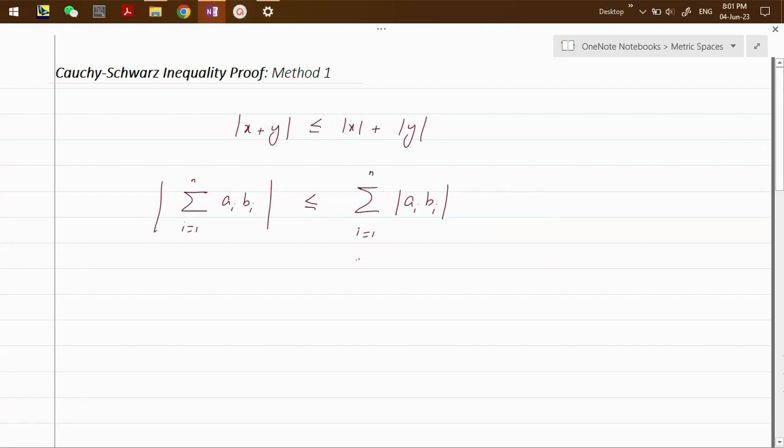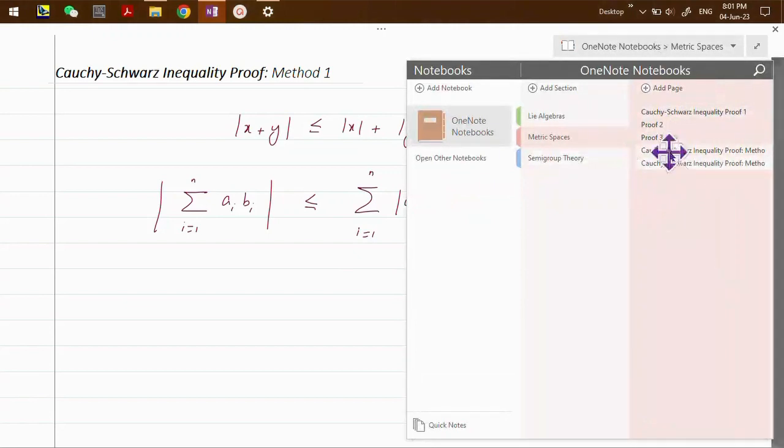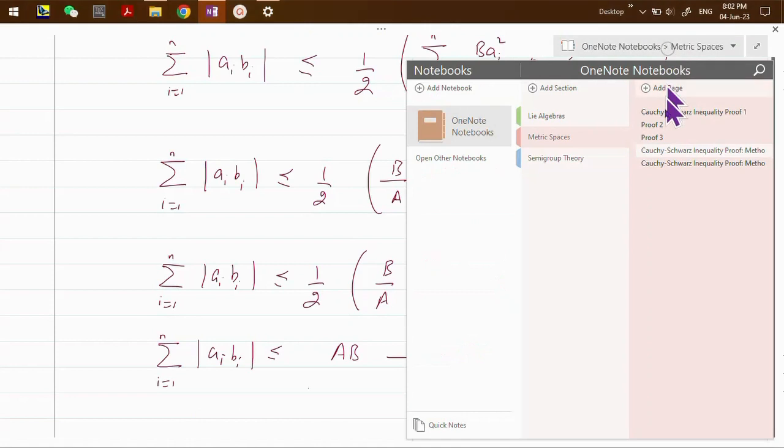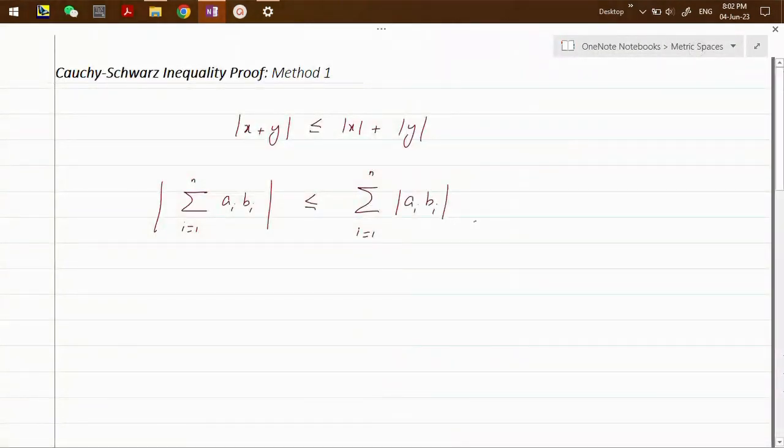And this expression, summation mod of ai bi, what is that? By equation number 2, summation mod of ai bi is less than or equal to ab. It means that this is further less than or equal to ab.